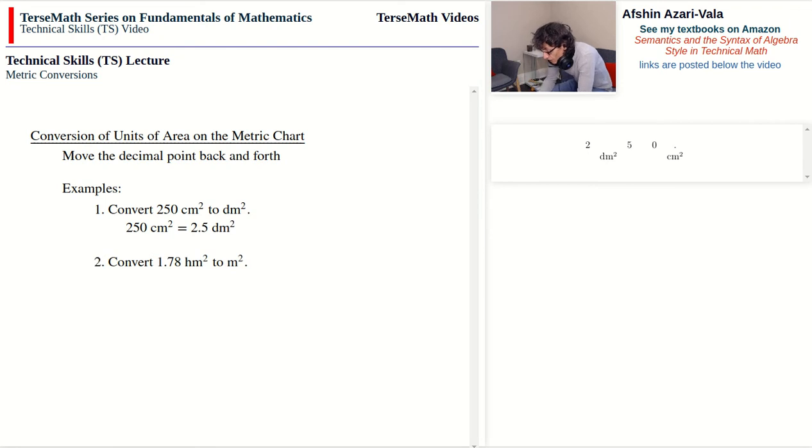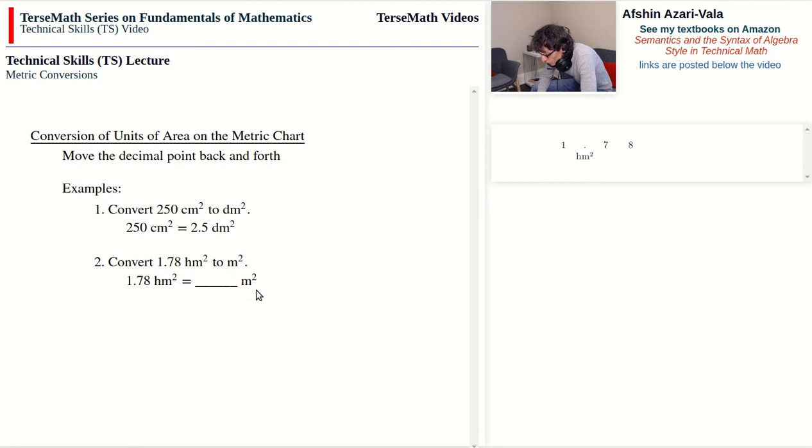Next, we have 1.78 square hectometer, and we want to convert this to square meter. So the question is 1.78 square hectometers is equal to how many square meters? We put the number 1.78 decimal point, we associate that with the given unit, square hectometer.